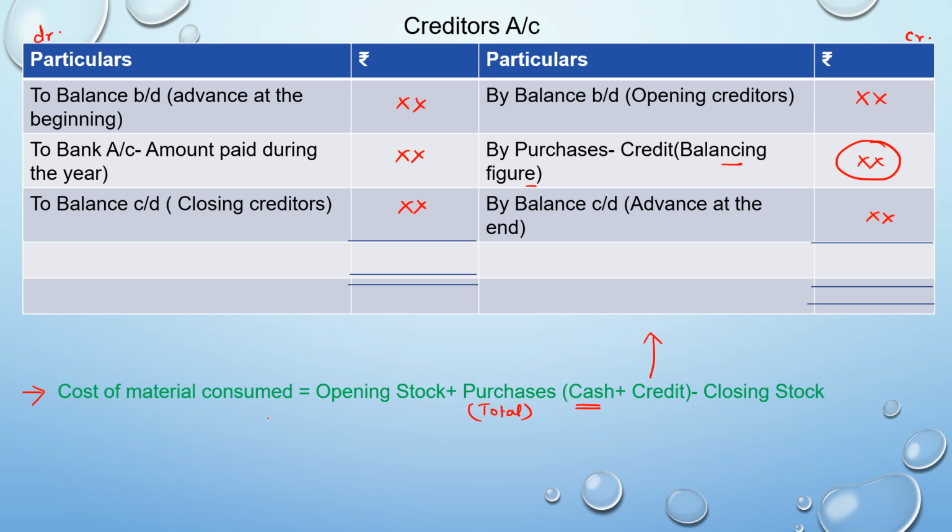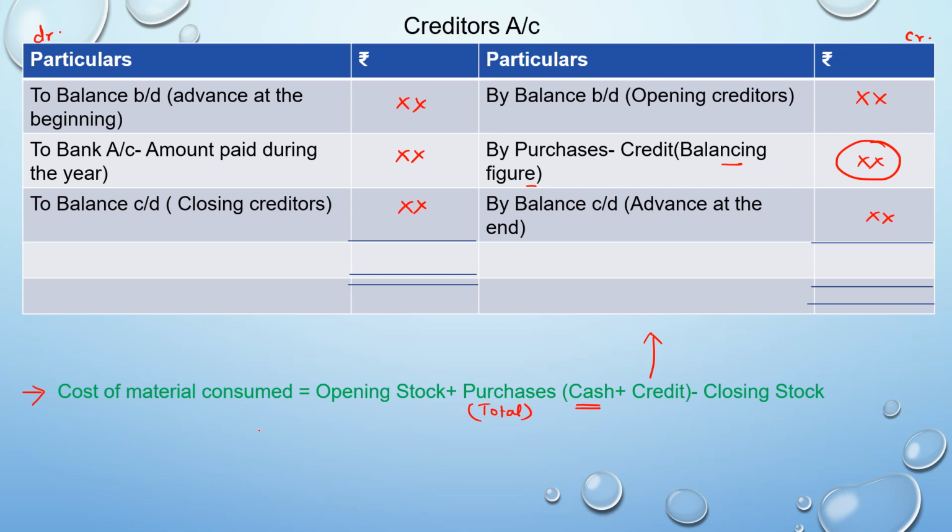This amount that you arrive at would be put on the debit side of the income and expenditure account as cost of material consumed. So I hope the concepts are clear. Whichever method suits you, which you find comfortable, please adopt that method in solving the question.